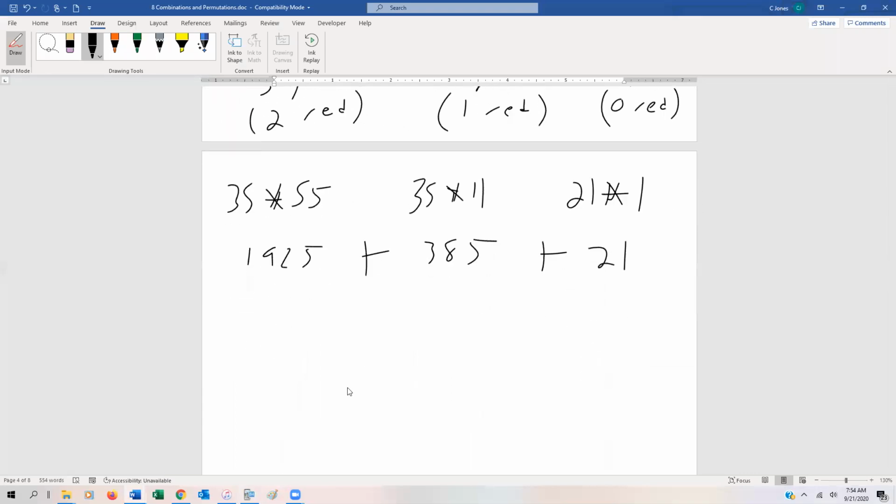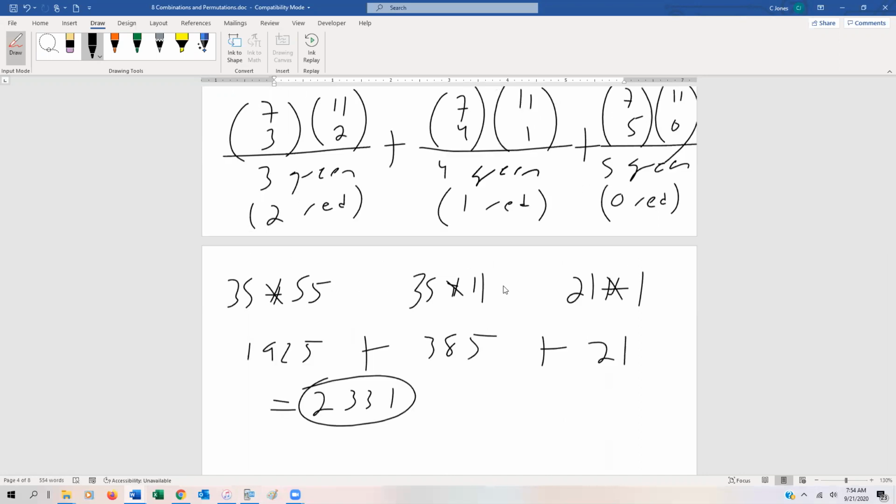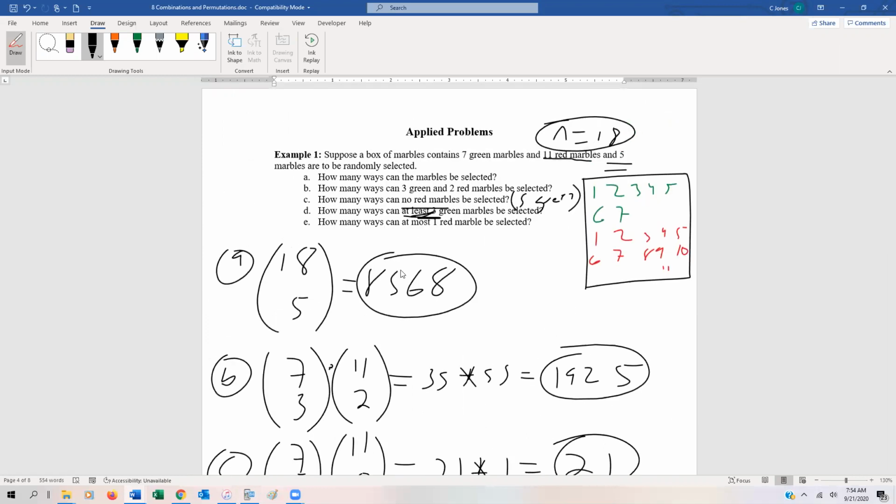So that's going to be equal to 2331. All right. And what I'll do is I'll start the next video to be able to figure out letter E, which is how many ways can we get at most one red marble. All right, but this might be a good opportunity to maybe think about this, practice it, and then go back to the next video to see what that's going to be.